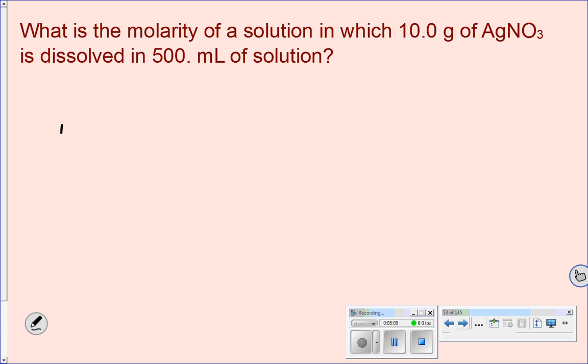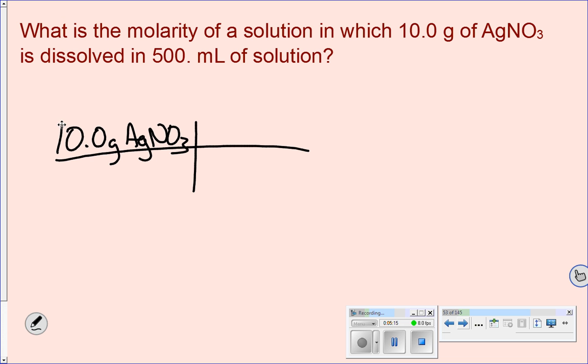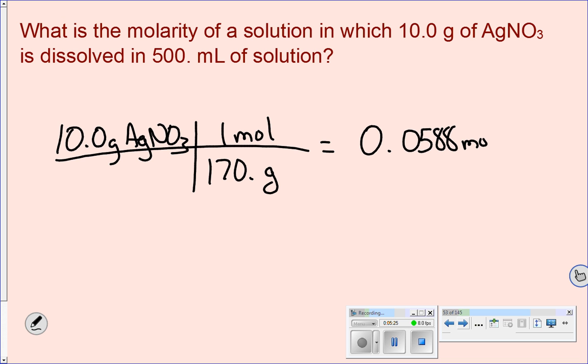So my 10 grams of HNO3, I'm going to have to turn that into moles. I've got a GFM of 170 grams for 1 mole, which gives me 0.0588 moles. Now when I plug this into my molarity formula, since I have liters on the bottom, I have to be cautious because this is actually milliliters.